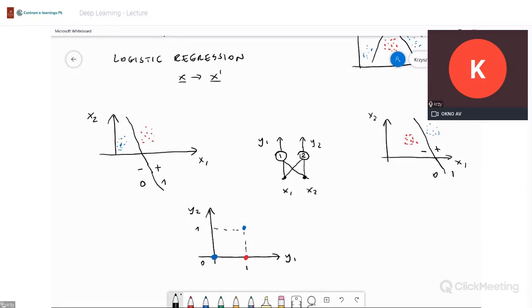If you look at this, what we have is a bunch of linearly separable points. So I can separate them with a neuron, because they are linearly separable.